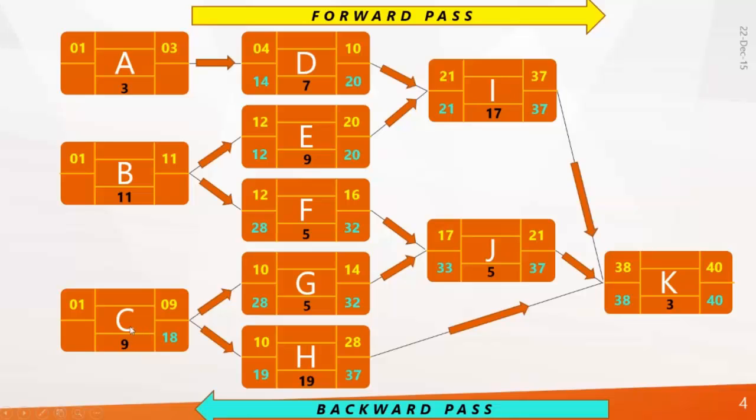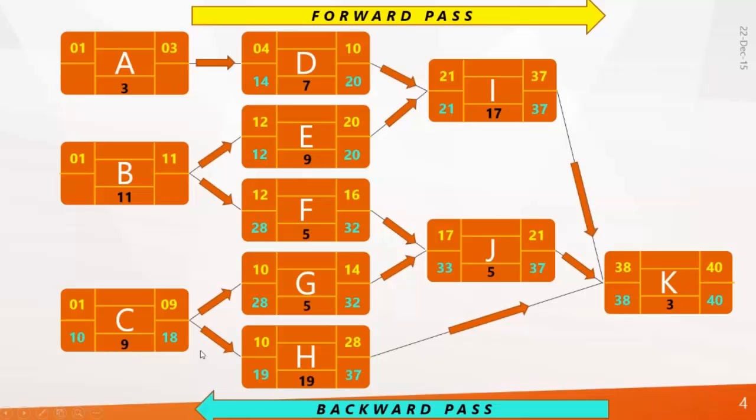Okay, we will look at C. Activity C is connected to G and H. G late start is 28 and H late start is 19. In this case, in the backward pass, you need to take the least value and deduct 1. The least value is 19, minus 1 gives you 18.